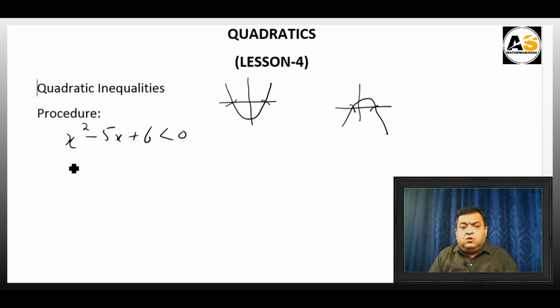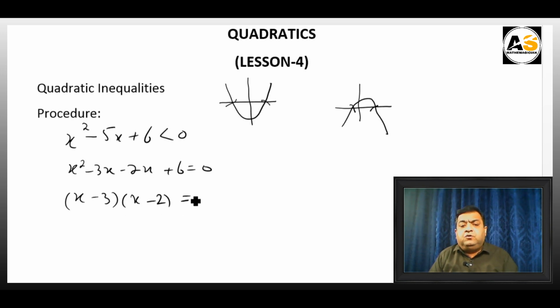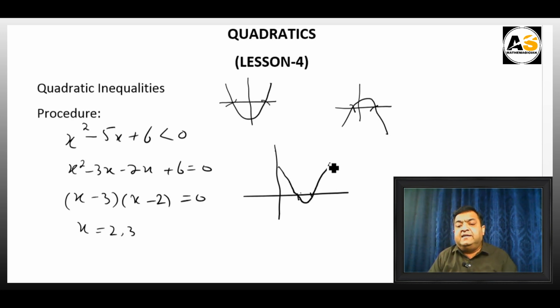First of all, we will factorize this quadratic expression. We will put this equal to 0 and find the roots. I am rapidly doing this. The two roots are 2 and 3. So 2 and 3 are the points at which the graph crosses the x-axis, and since it is of the first type, the rough sketch will be like this.